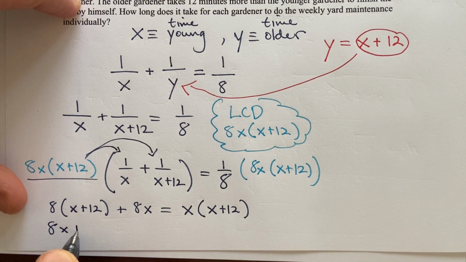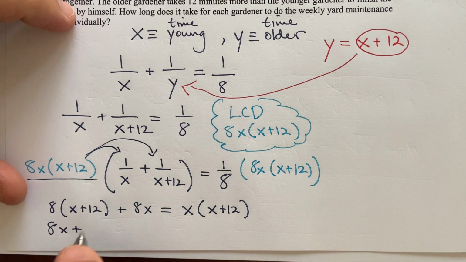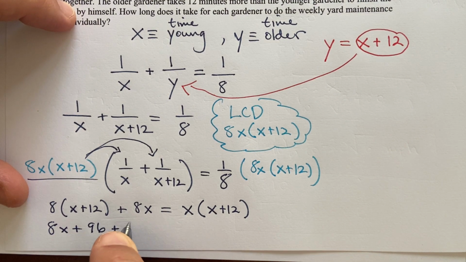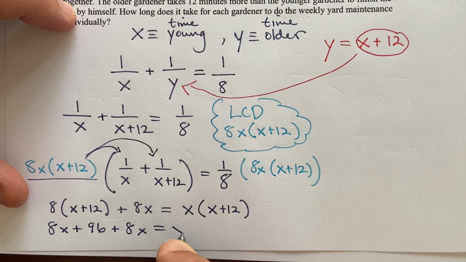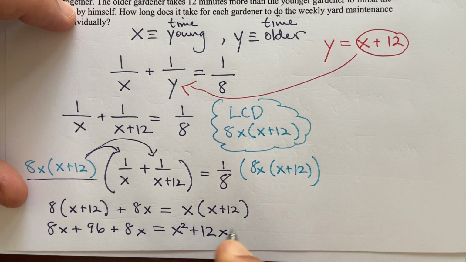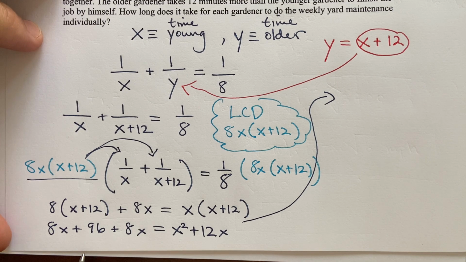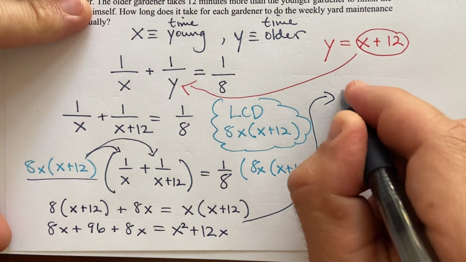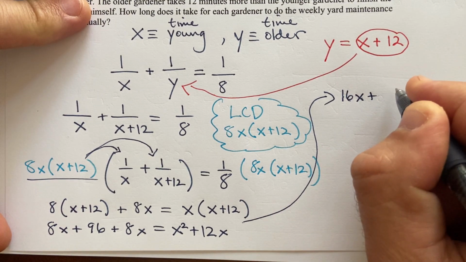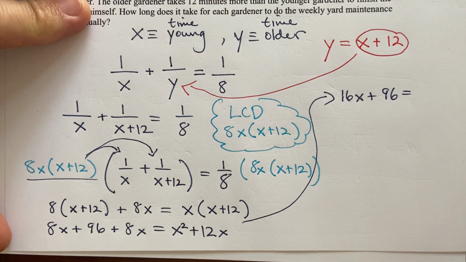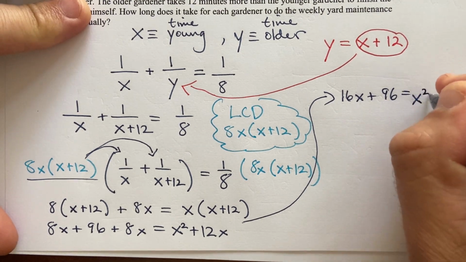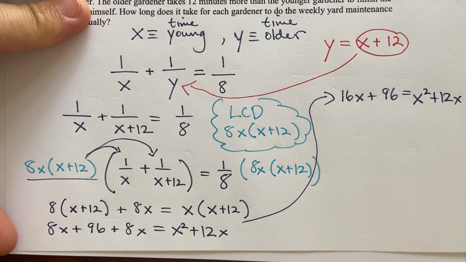So 8x plus 96 plus 8x equals x squared plus 12x. So it looks like I have 16x plus 96 equals x squared plus 12x.